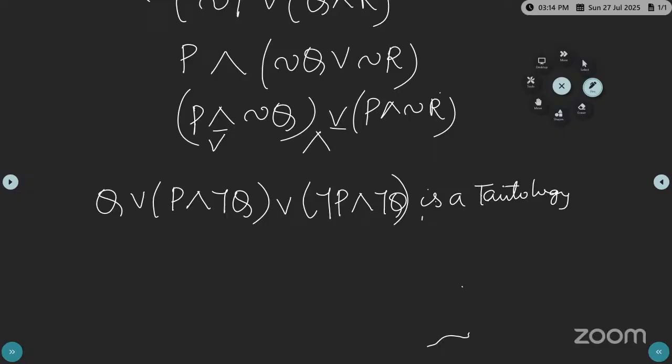Did you get the truth table tautology? ఎస్ ఆర్ నో? టాటాలజీ వచ్చిందా? ఇప్పుడు వితౌట్ యూజింగ్ ట్రూత్ టేబుల్ చేయండి.